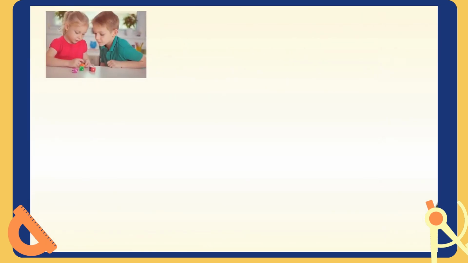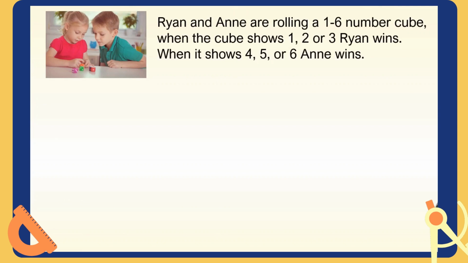Ngayon, umpisahan natin ang pagtatalakay sa ating lesson sa pamamagitan ng example na ito. Ryan and Anne are rolling a 1 to 6 number cube. When the cube shows 1, 2, or 3, Ryan wins. When it shows 4, 5, or 6, Anne wins.